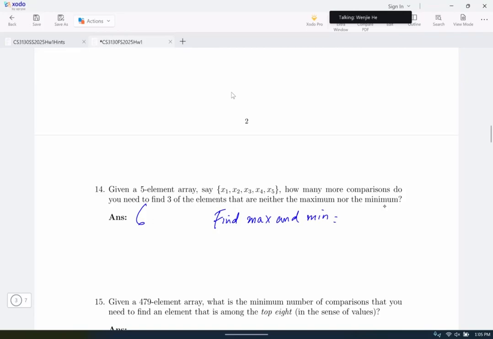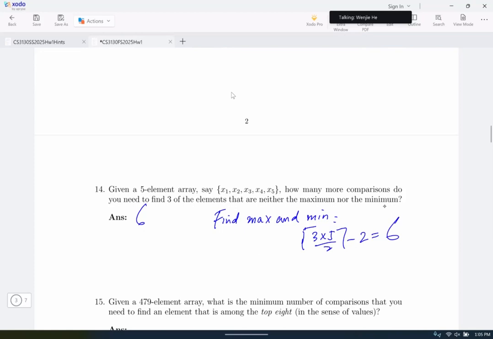We have the formula 3 times 5 over 2, minus 2. 3 times 5, 15. Round it up, 16. 16 over 2, 8. 8 minus 2, 6, right?